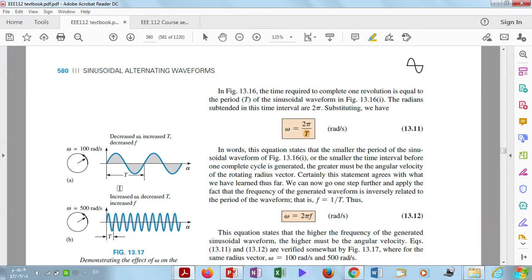The period is the time the waveform takes to start repeating itself. For example, assume this is 2 seconds from here to here, and then after 2 seconds it will repeat itself another time, at 4 seconds, and then will repeat itself again. Once the waveform repeats itself, this is the end of the period, from here to here, for this waveform.